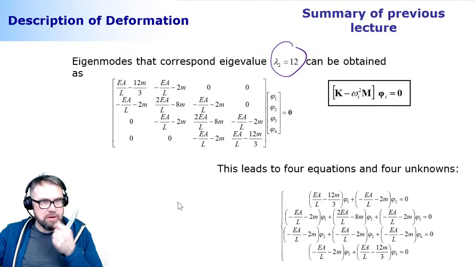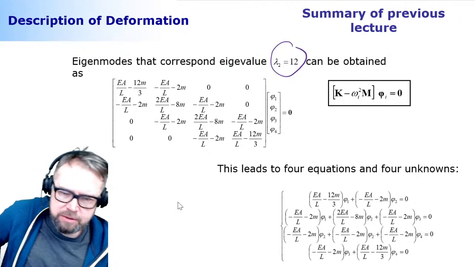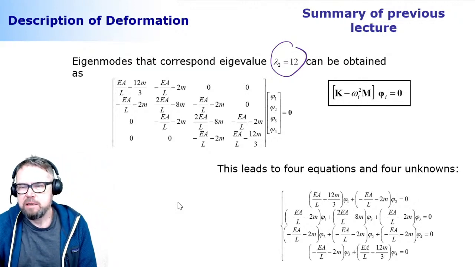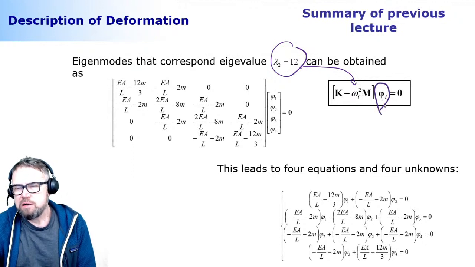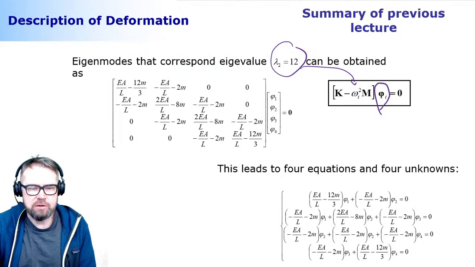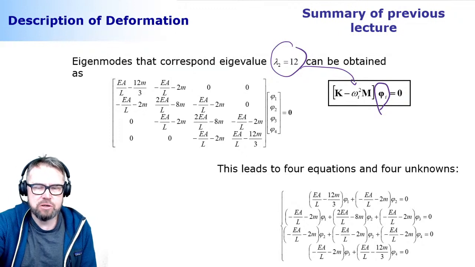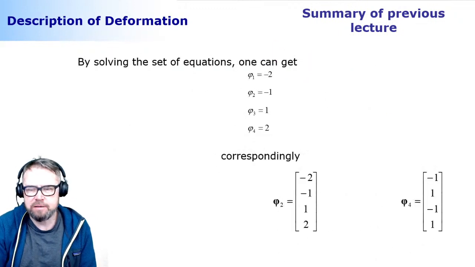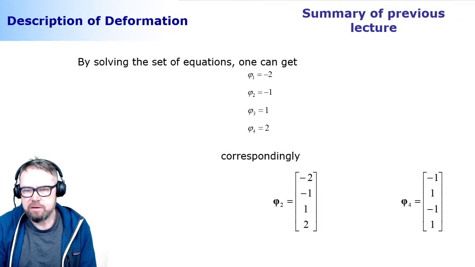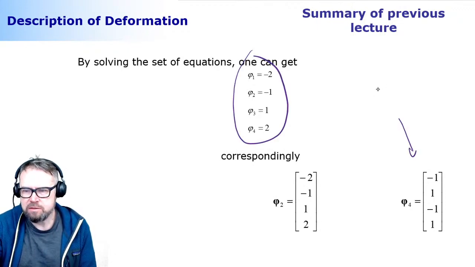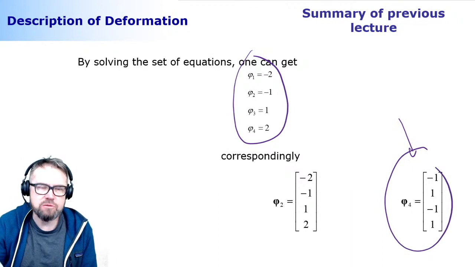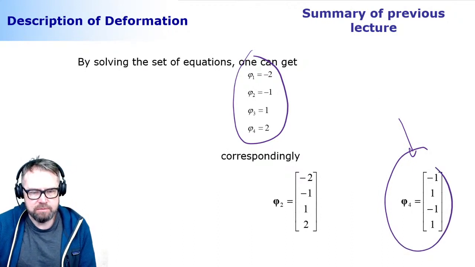This can be done the hard way, by substituting your eigenvalue, one at a time, into this equation and solving for this vector, which tells you the deformation associated with that eigenvalue. We noticed that for eigenvalue number 12, the deformation mode is like this. Eigenvalue number 120 is like this. So those are the ways the structure can deform.